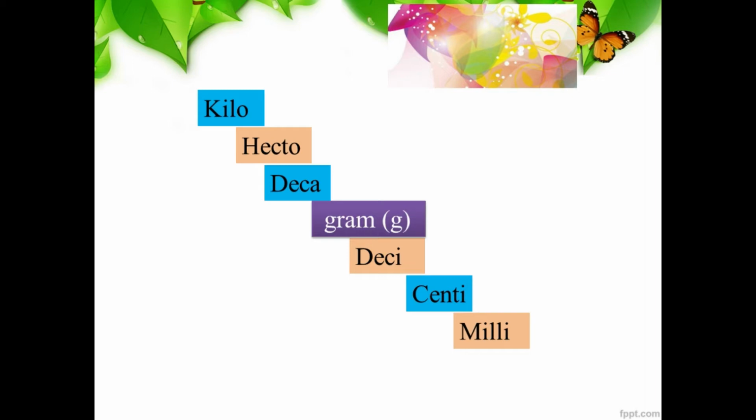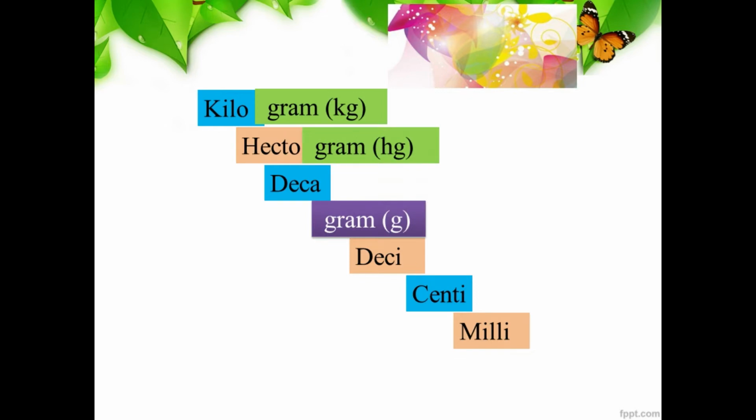Now I am going to add gram to every prefix here. If you add gram to the first one, it is kilogram, shortly written as kg. Hectogram is hg. Decagram is dag.